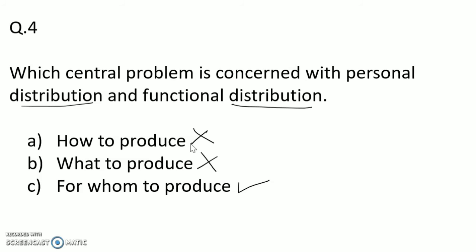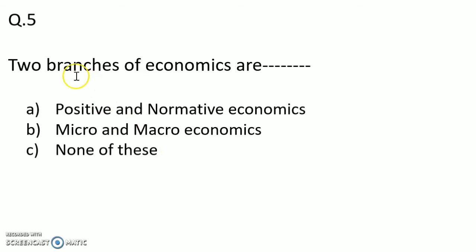For whom to produce relates to distribution of produced goods and services among the individuals within the economy. This problem can be categorized into personal distribution and functional distribution. So this deals with which one? For whom to produce.